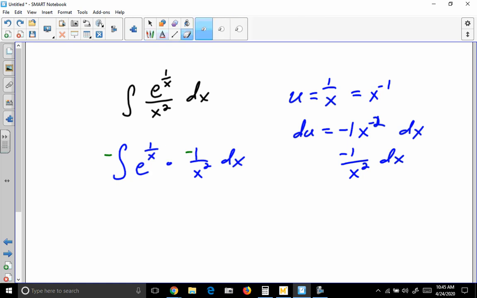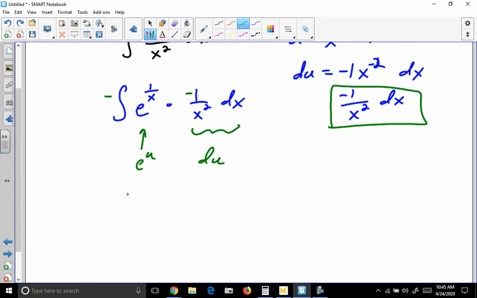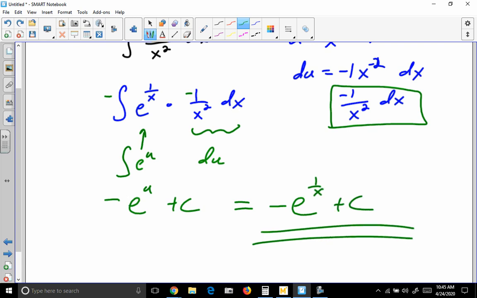So we have e to the u, and then all of that is our du. So this is, again, the integral of e to the u du. So we have a minus out front. When we integrate that, we get e to the u plus c, where our u is 1 over x. So it's just rewriting it, picking the correct thing to be u so that we can make everything else du.